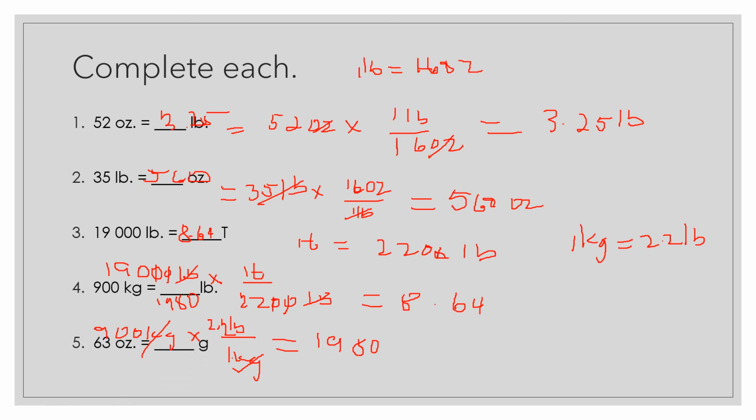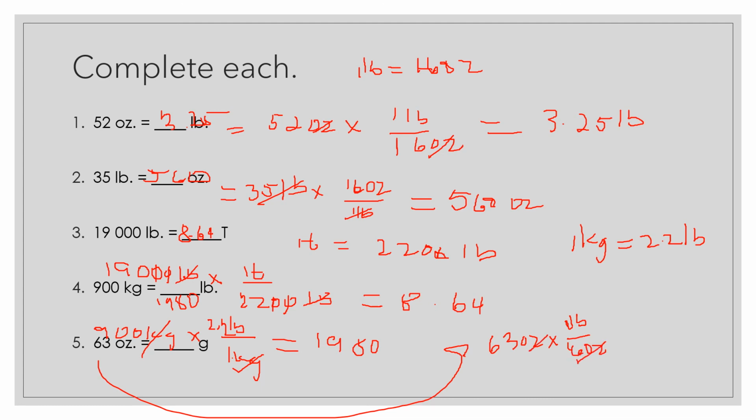Alright, so for number 5, we have ounces to pounds. So, dito, madali lang. The same dun sa number 1. So, 63 ounces times 1 pound over 16 ounces.